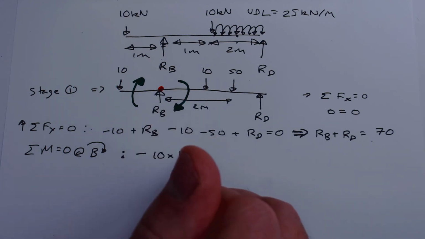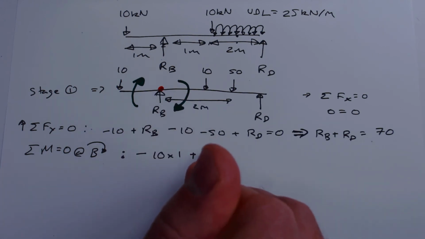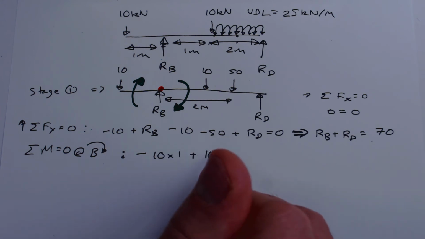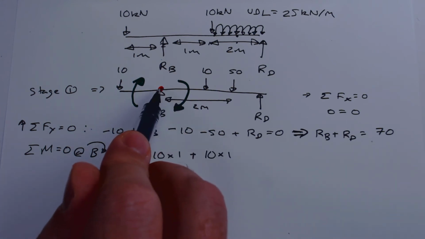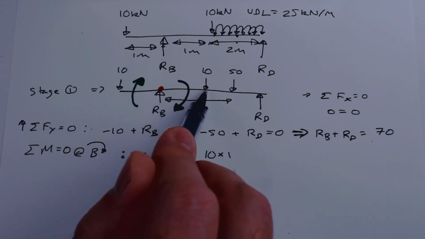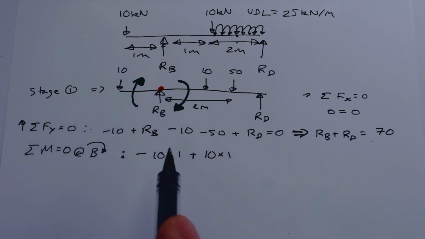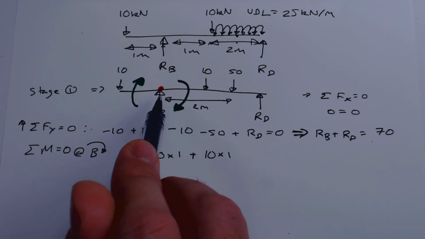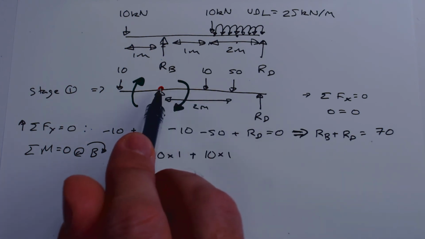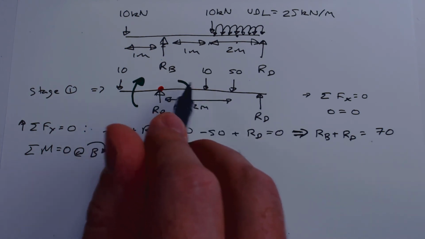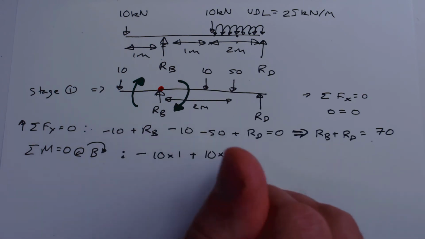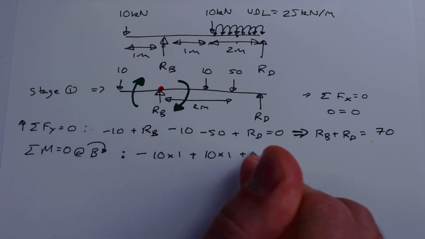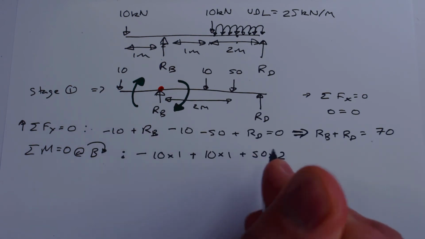In this case, it's going to be plus 10 times by 1, because you can see that my arrow is going downwards and this is going downwards, so they're going in the same direction. Next one that I can see is this one here. That's going downwards and that's going downwards, so that's plus 50 times by 2.